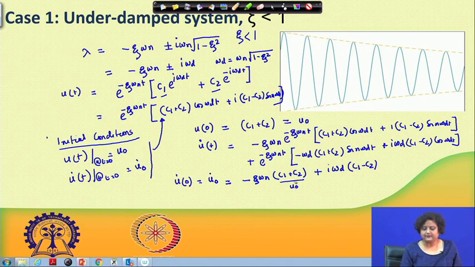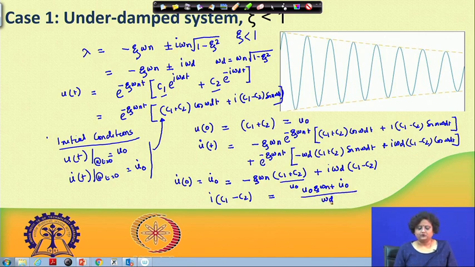So, if C1 plus C2 equals u0, then i into (C1 minus C2) can be obtained as (u0 zeta omega n plus u dot 0) by omega d. Okay.